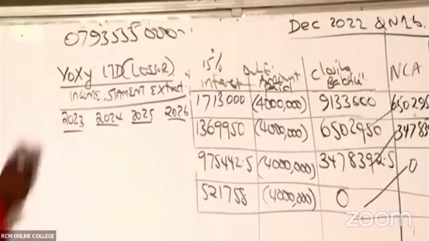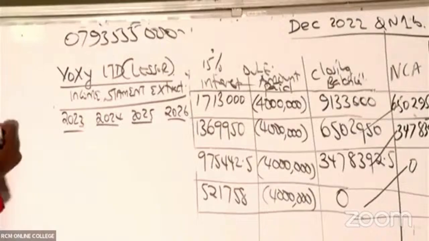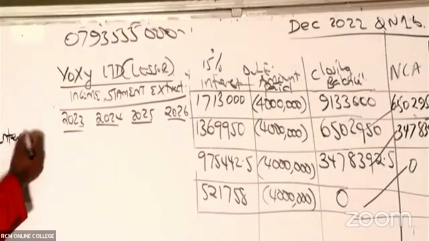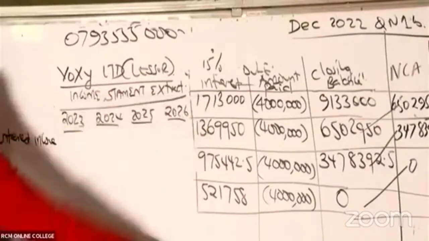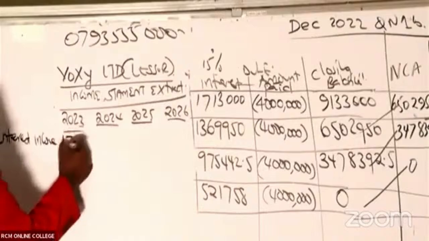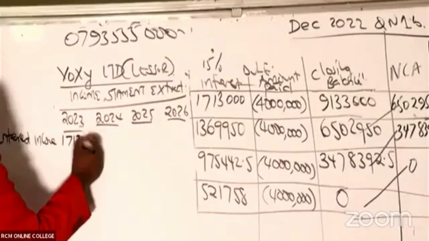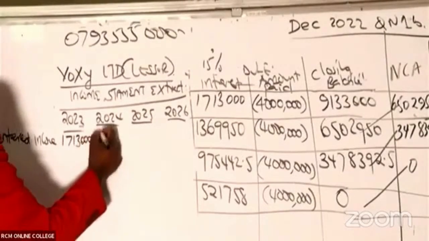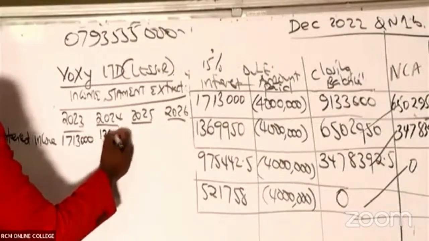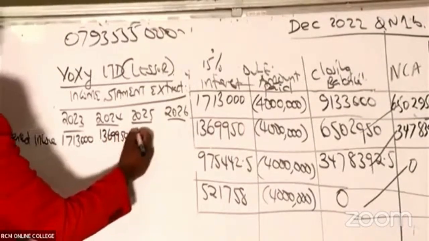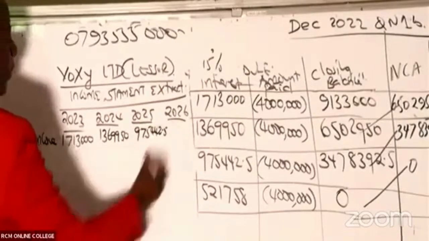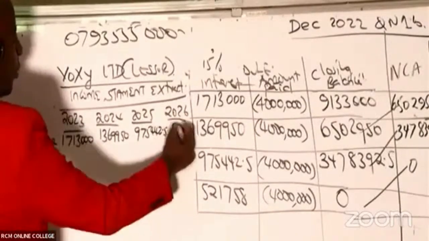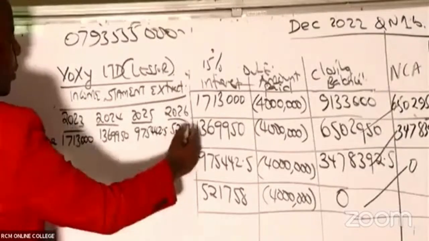So we'll call this interest income. And then you copy everything that you have here under interest. Big figures: 136,99.50, then 975,442.5, then 521,758, and 58.